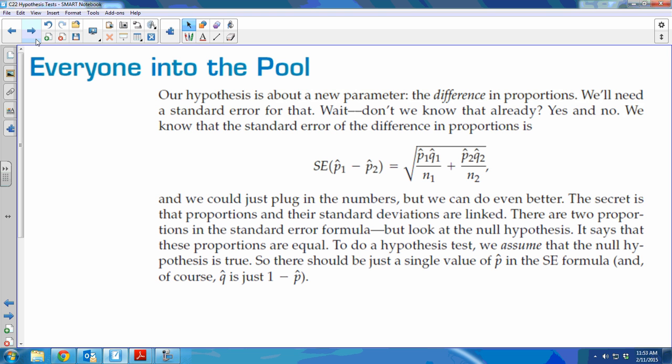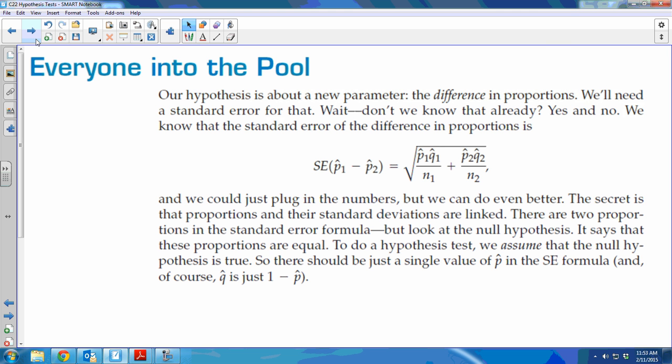Now, we saw this yesterday. This is our standard error formula, right? Okay? So, even though we were subtracting, we're adding because you don't subtract standard deviations, right? We talked about that.